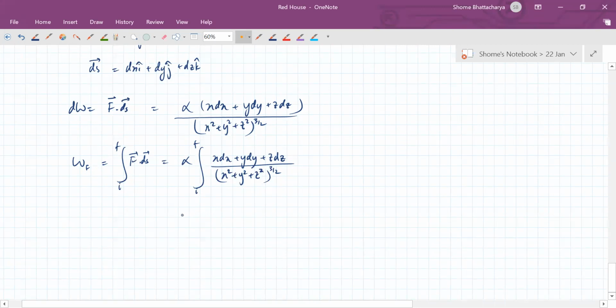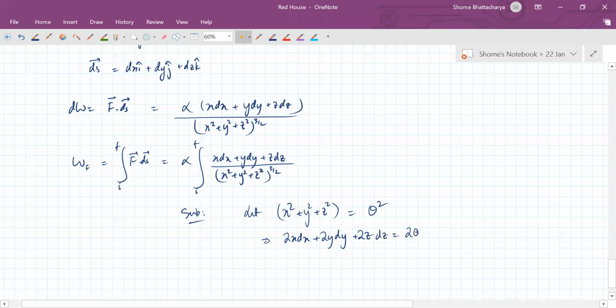So if we introduce a substitution that let x square plus y square plus z square be some theta square, then 2x dx plus 2y dy plus 2z dz is equal to 2 theta d theta, or the numerator that we have over there, x dx plus y dy plus z dz, will just become theta d theta. So we'll substitute these two things here.